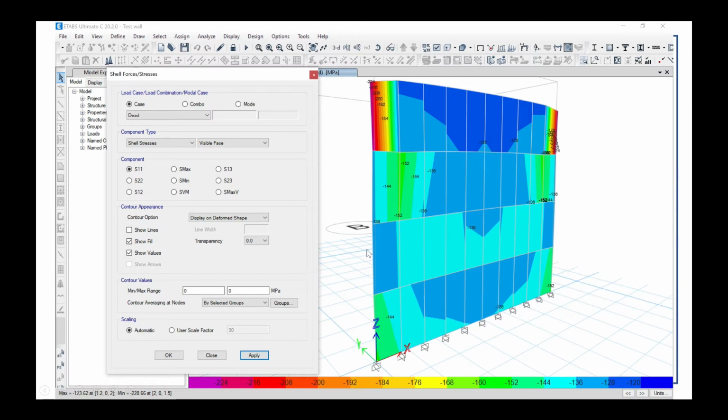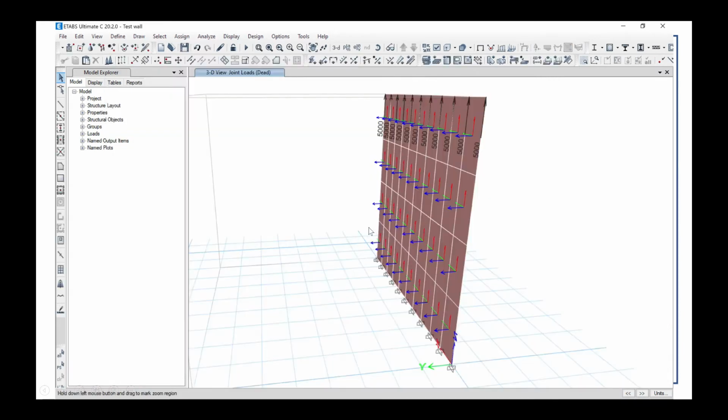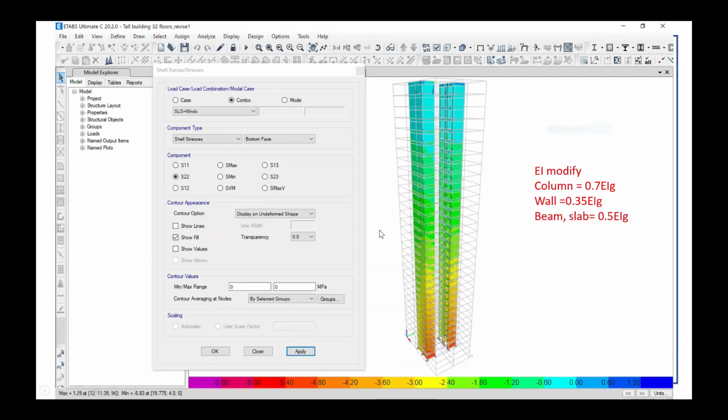Now you can check the flexural member for the core wall. Let's continue. In this building I use modified stiffness: column equal to 0.5 E multiplied by Ig, wall equal to 0.35 E multiplied by Ig, and beam and slab equal to 0.5 E multiplied by Ig.